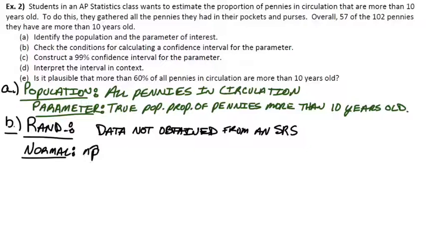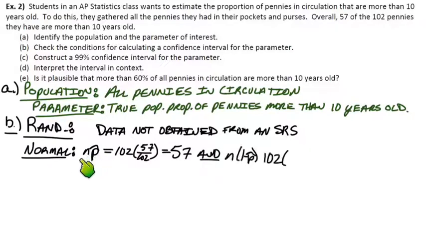The other conditions, let's start with normality. n times p-hat in this case, so our sample size is 102. p-hat was our sample proportion of pennies that were actually more than 10 years old, so that was 57 out of 102. That simplifies really nicely, that's just 57.